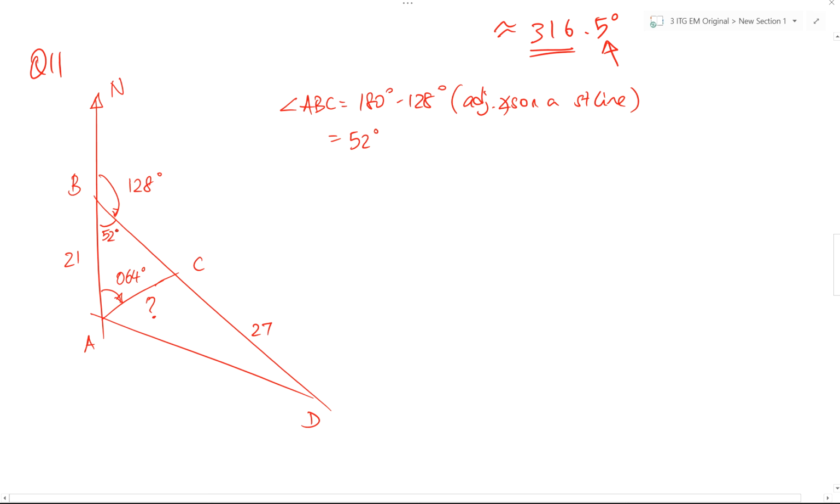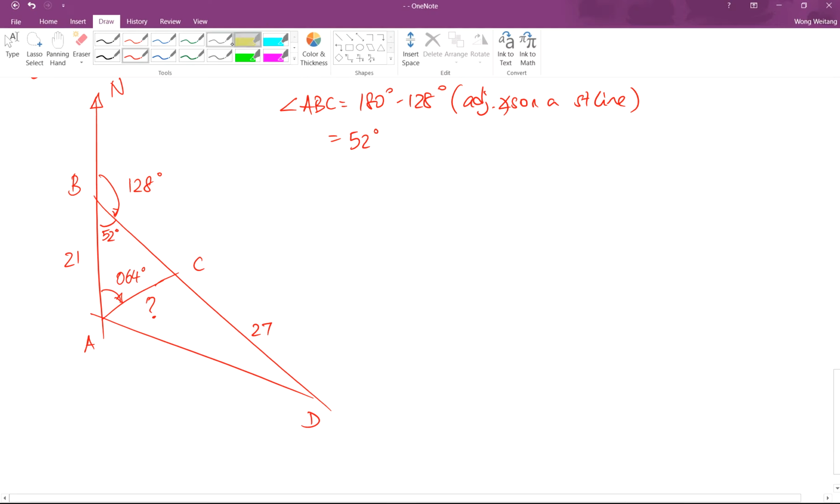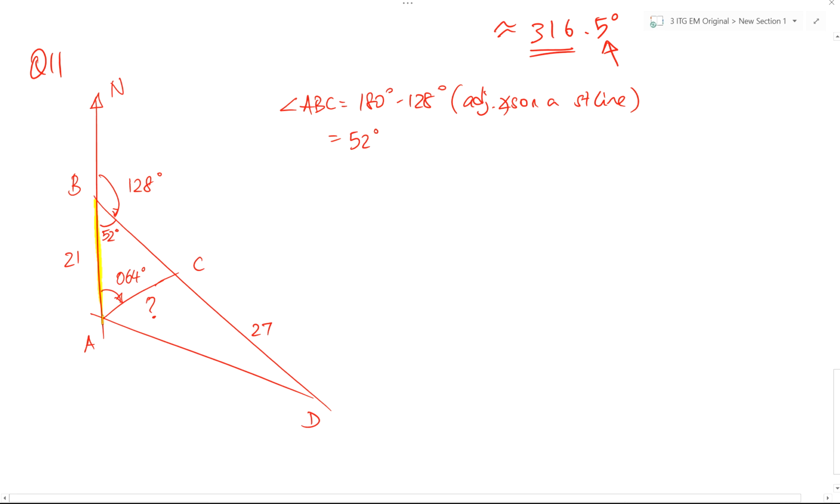Now for triangle ABC, I see that I've got 2 angles and 1 side, which means I can use my sine rule. If you are at a loss of which rule you can use, whether it's sine rule or cosine rule, you just do a quick check. Trial and error, you only have 2 choices. This is not a right angle triangle, so you cannot use your trigo ratio.